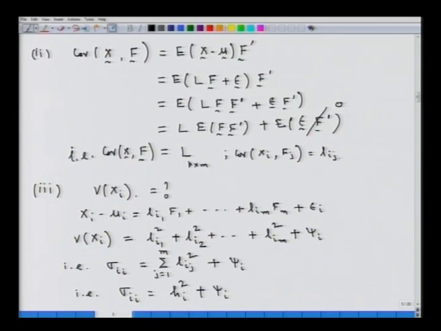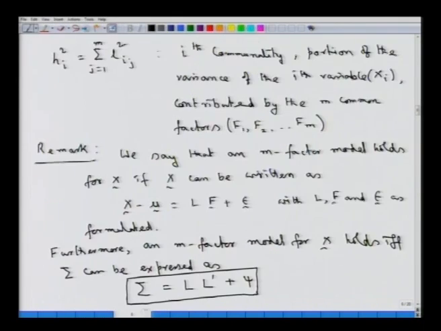Now this divided by the standard deviation of xi leads us to the correlation between xi and fj, because the variances of f1, f2, up to fm are all equal to 1. Hence Lij divided by root over sigma ii represents the correlation between xi and fj. Those are the things that would be useful when we are checking whether an m factor model is going to hold for a particular random vector x or not.